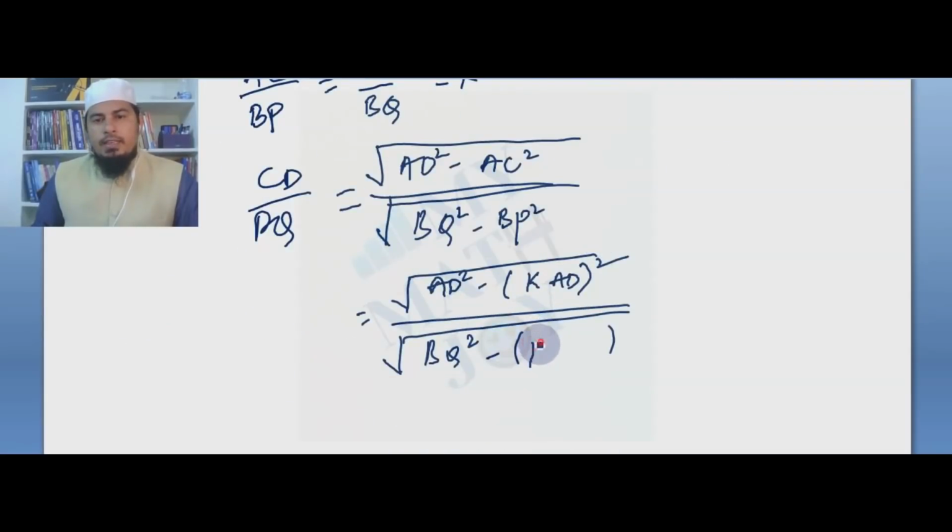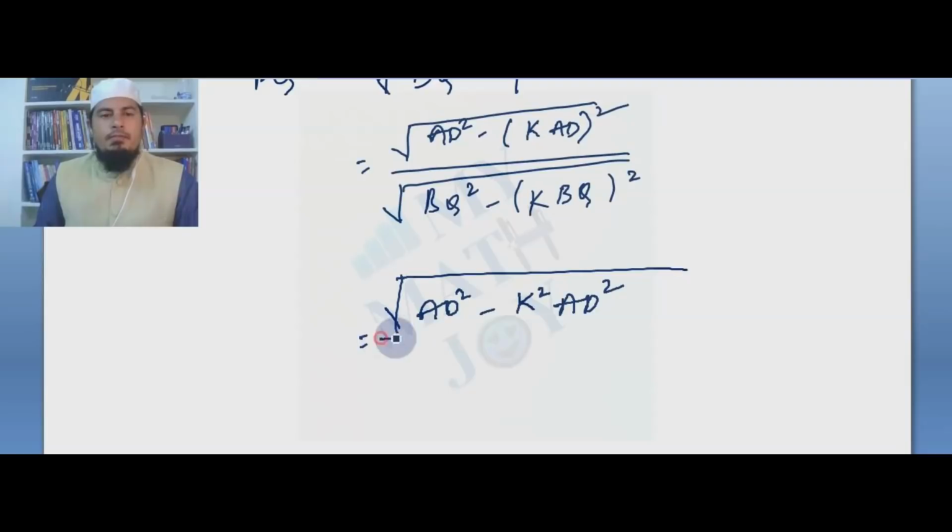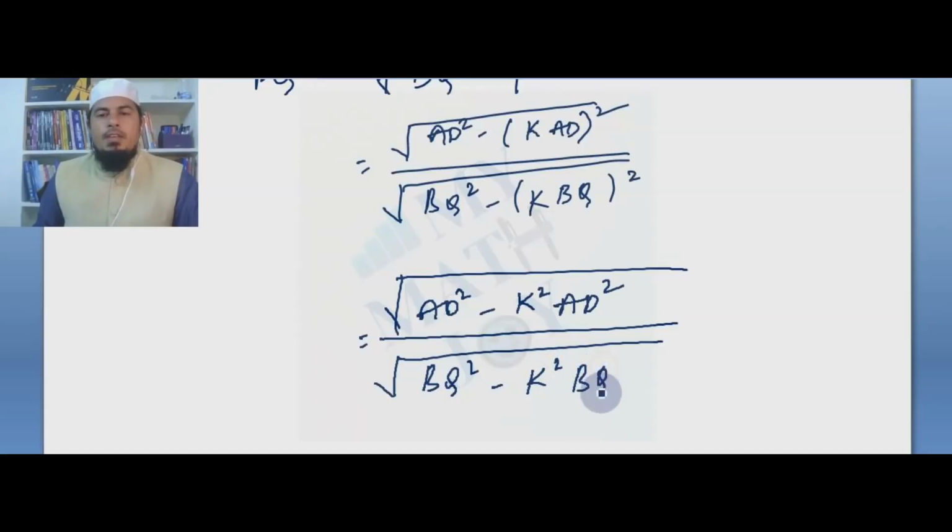So we are writing K BQ whole square. Now let us move to further simplification. So AD square minus K square AD square divided by under root BQ square minus K square BQ square.